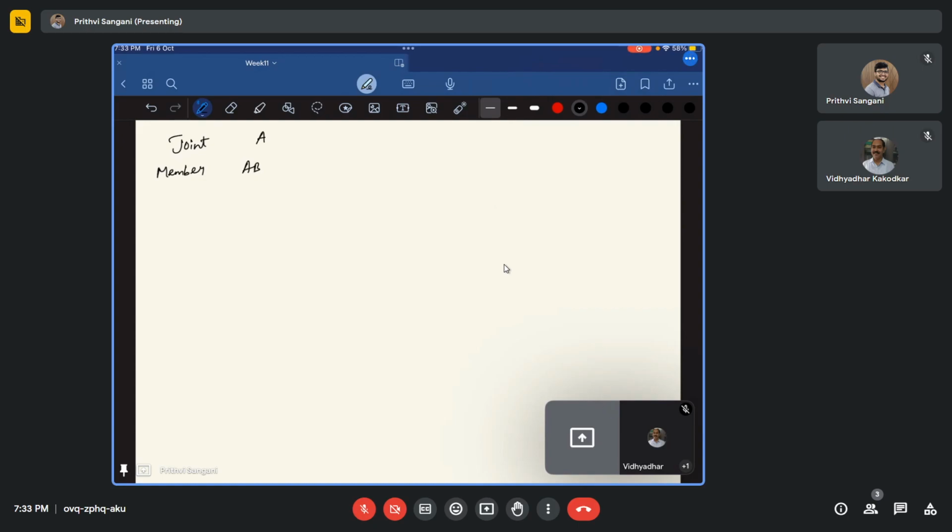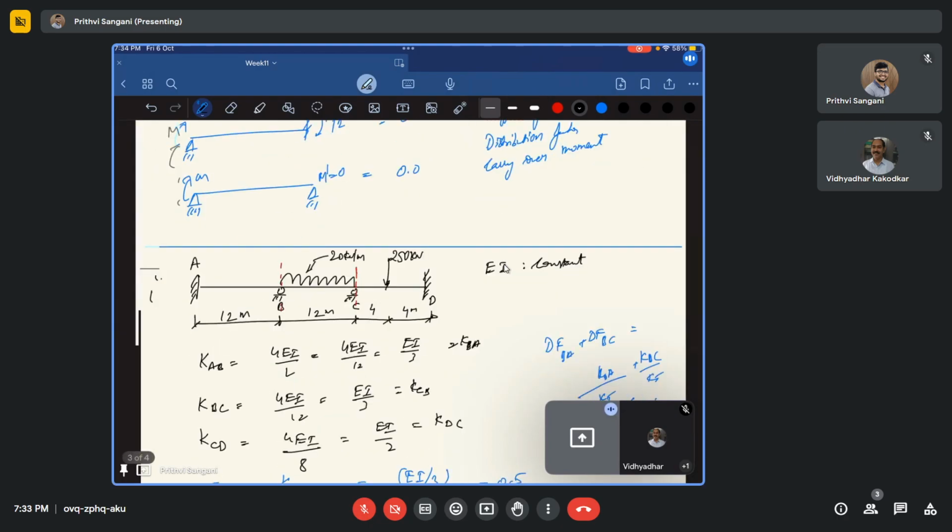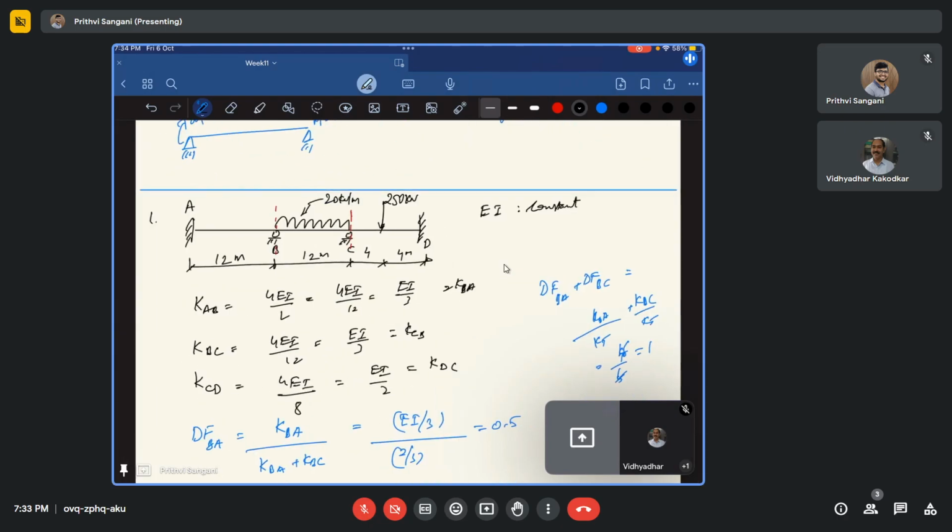Next for joint B we have BA, and we also have BC. For joint C we have CB and CD, and for joint D we have only DC. Again, just for completion, this is the question. A, B, C, D. A is a fixed support. B, C are the continuous supports, and D is also a fixed support.